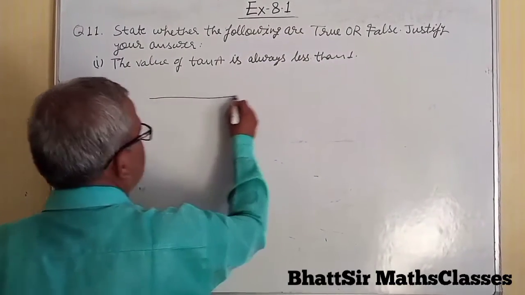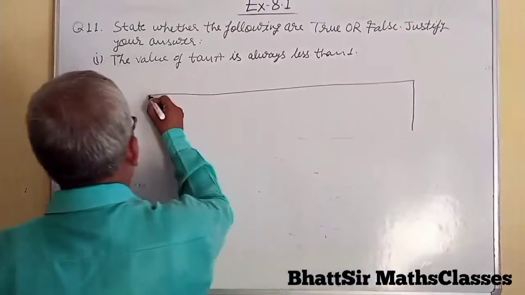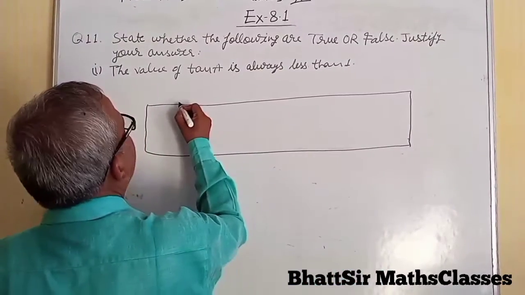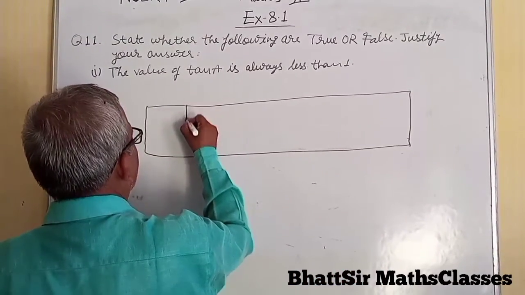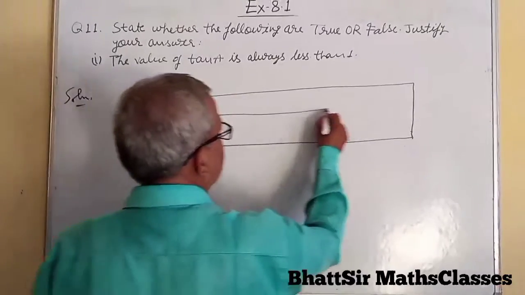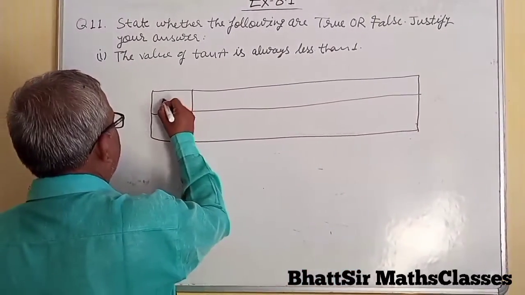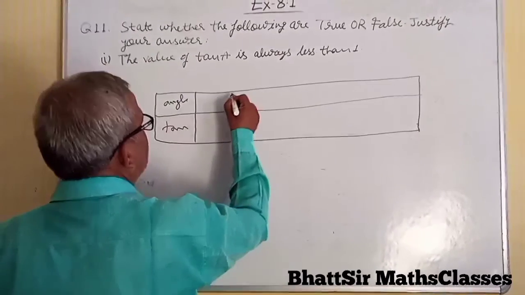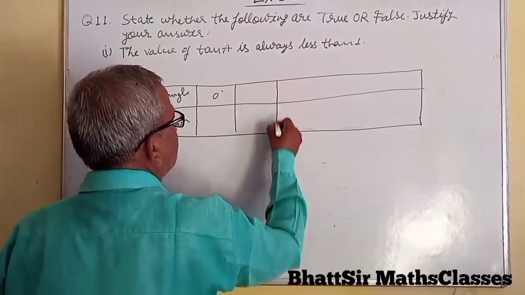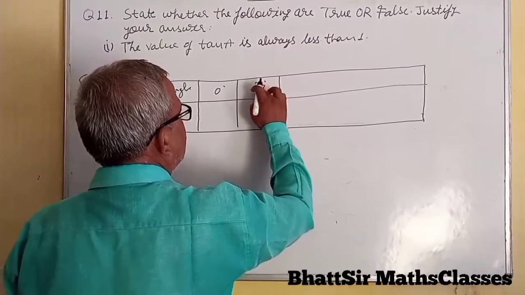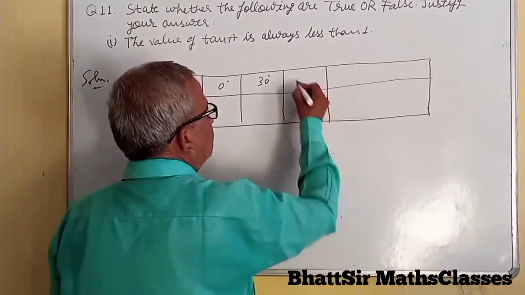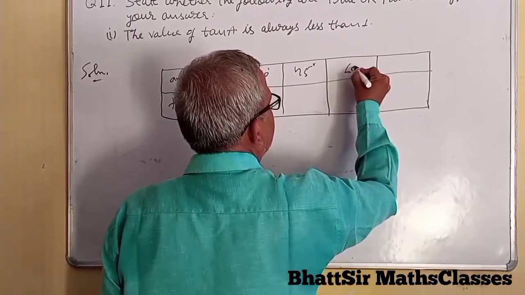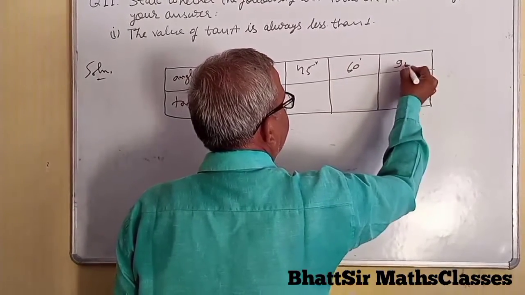First of all, make a table of tan of angle: 0 degree, 30 degree, 45 degree, 60 degree, or 90 degree.